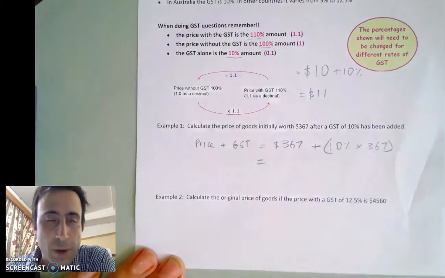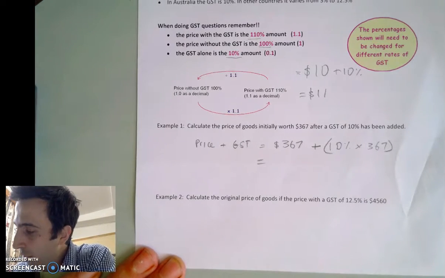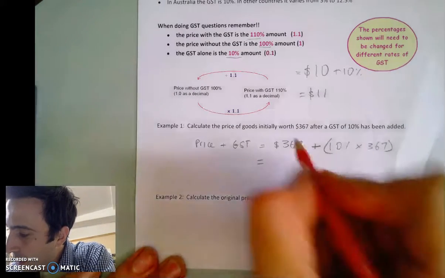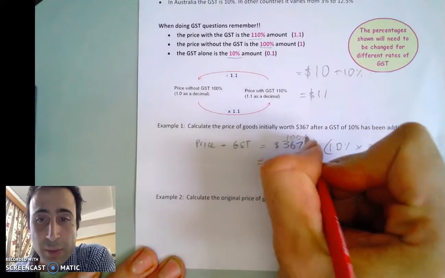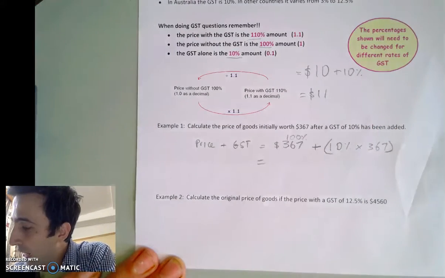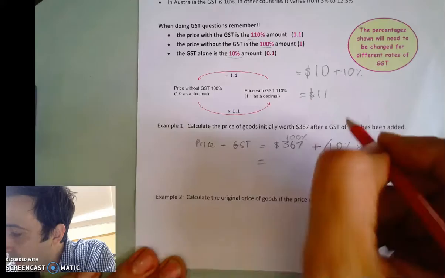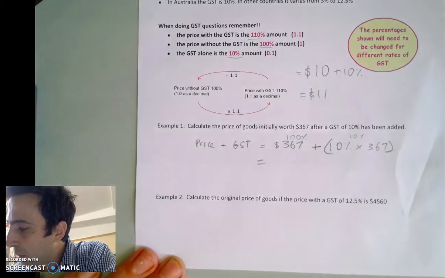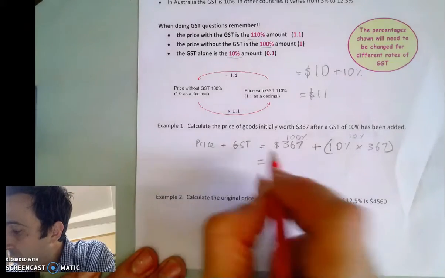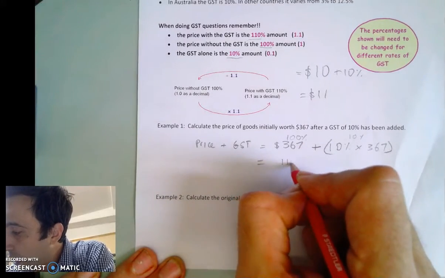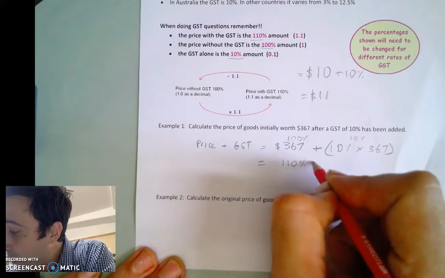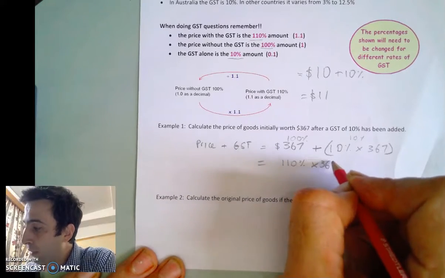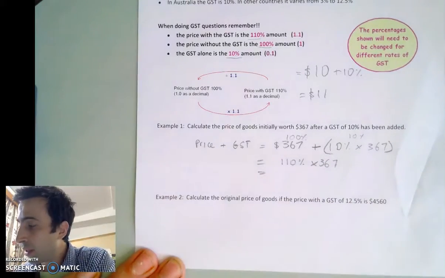Now that's sort of the long way of doing it. Really, if we know that this is 100% of what we're paying for, $367, and this is another 10% on top of that, we can now say the price plus GST is 110% of $367.